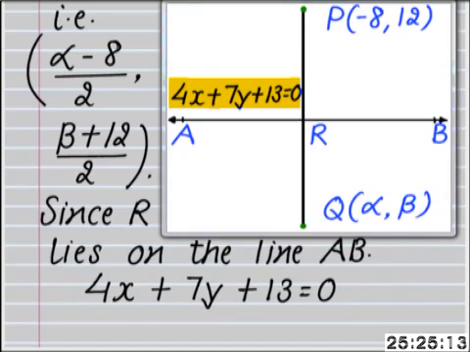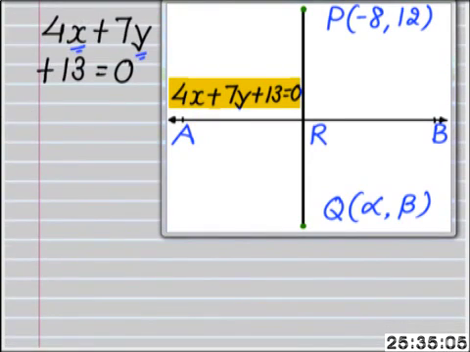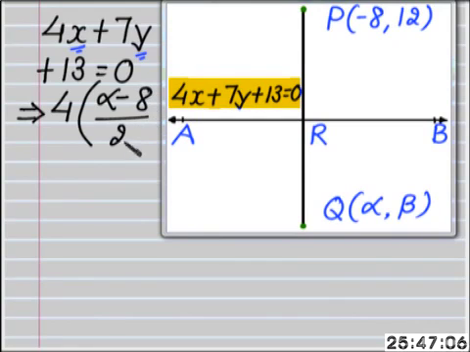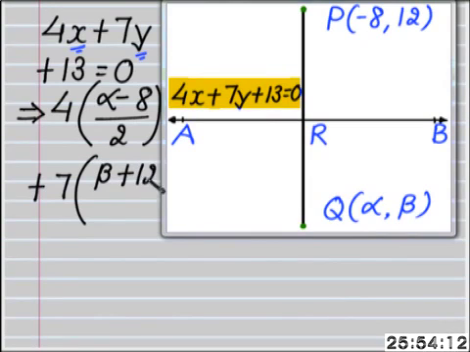Now, taking the coordinates of point R, we get 4 into (alpha minus 8) upon 2 plus 7 into (beta plus 12) upon 2 plus 13 is equal to 0.